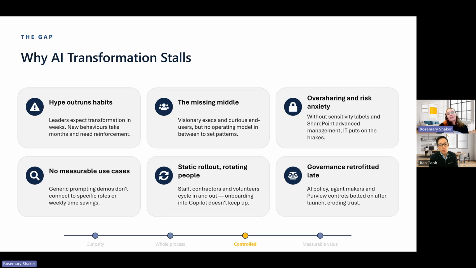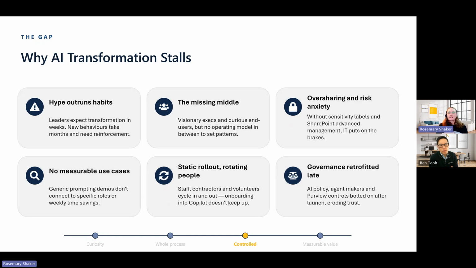And then another area where we see it stall is governance. Last week, Sean ran a webinar where we talked about some of those governance components, but it's that oversharing and the risk anxiety, and really understanding what can it see, what can it do, where does it go, not having things set up to a level that maybe we should have.